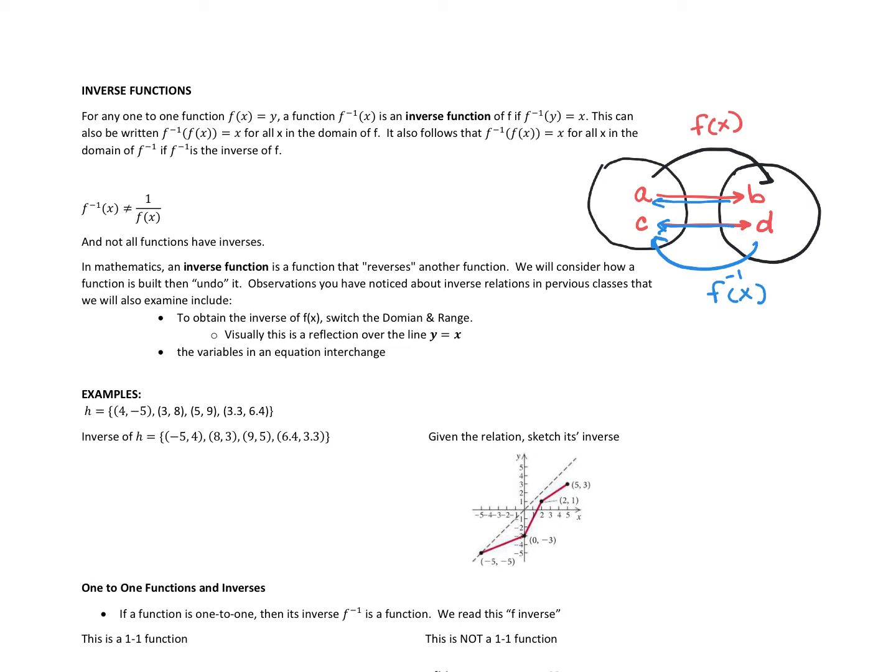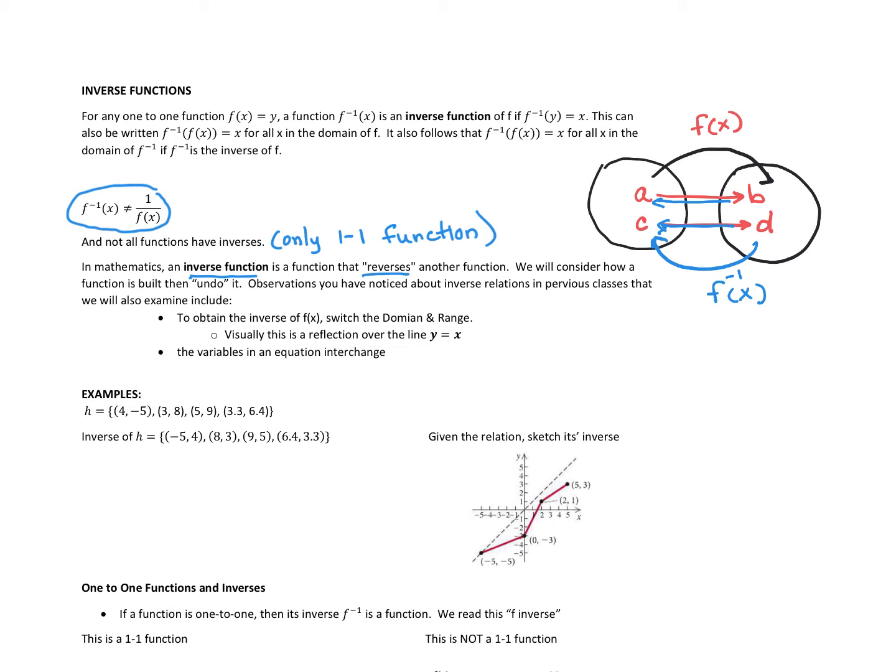So it undoes it. Now notice for the notation here that the f inverse notation is not the reciprocal of f of x. And not all functions have inverses, only one-to-one functions have inverses. So basically, an inverse function is a function that reverses or undoes the original.